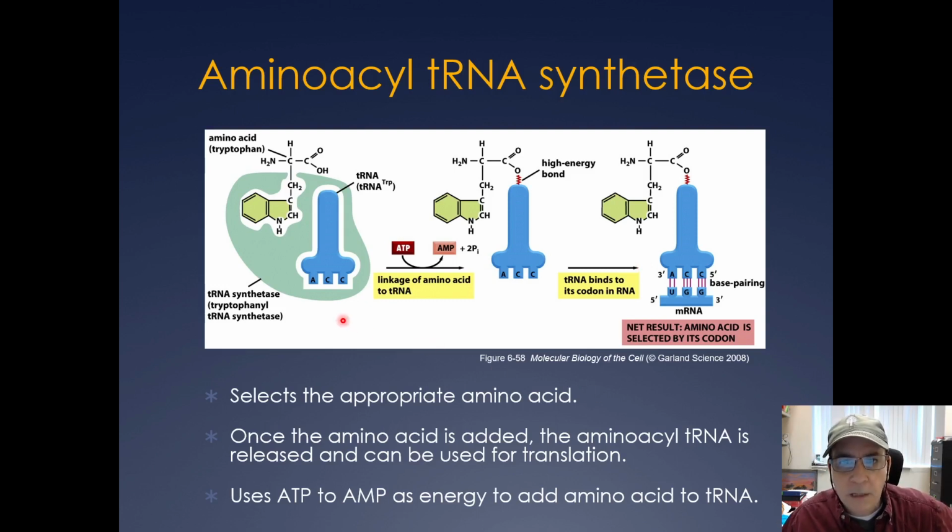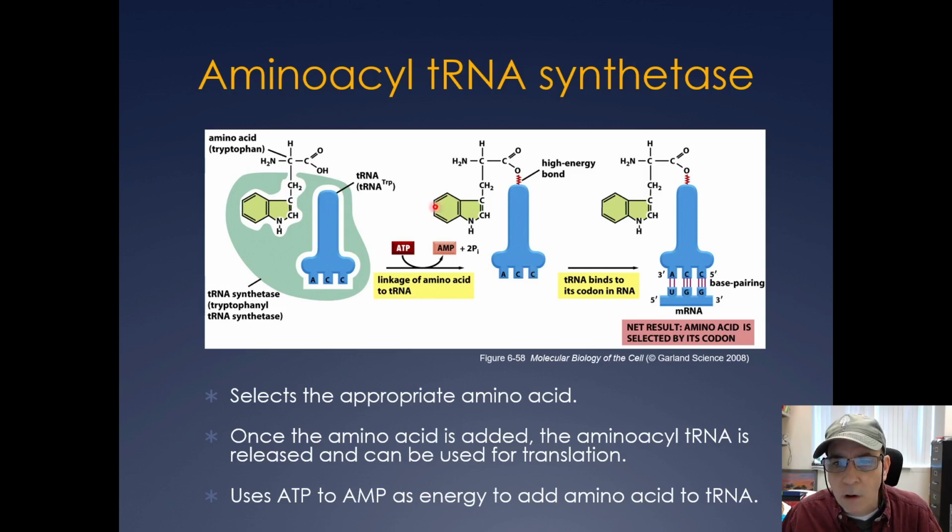Okay, so some of the things you need to know about the aminoacyl-tRNA synthetases: they select the appropriate amino acid, and they also select the appropriate anticodon. Okay, and we'll see in a second the quality control that goes on here, but just for an important point, once the amino acid is added to this tRNA, it can be used by the ribosome.